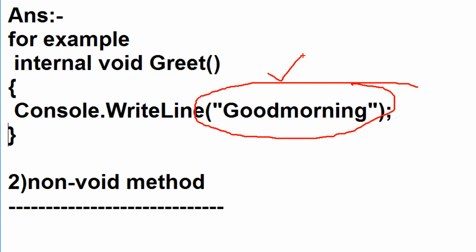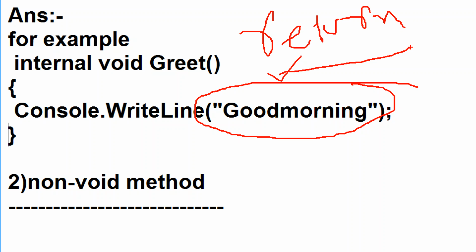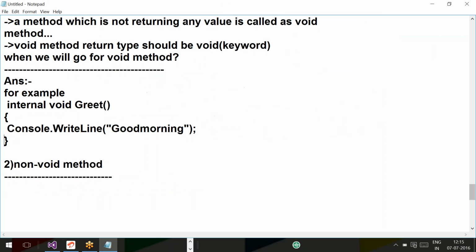According to method functionality, a method may print 100 things, but is it returning any value? No. Whenever you return a value, we have to use a jump statement called return, which we discussed long back. So it's not returning any value. That's why the greet method return type should be void.